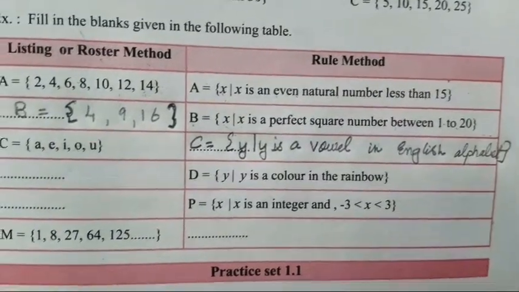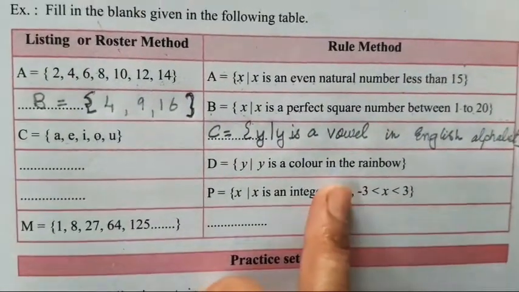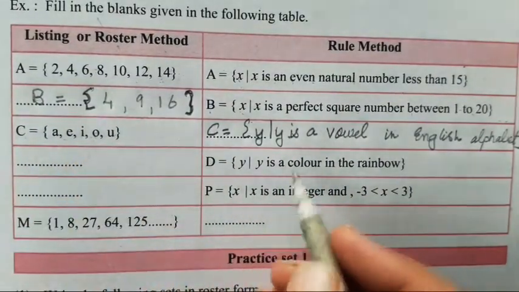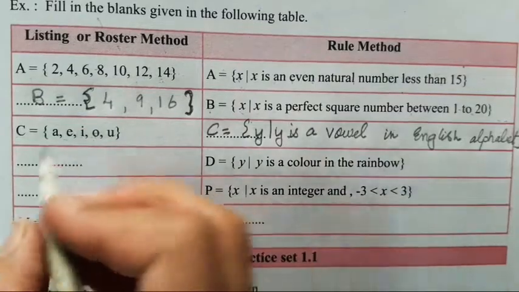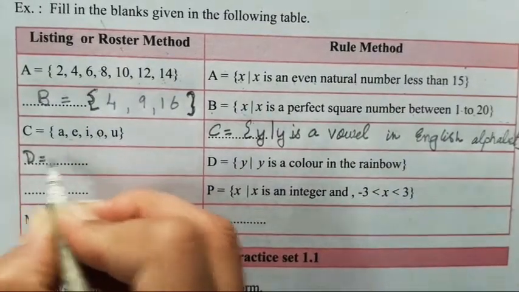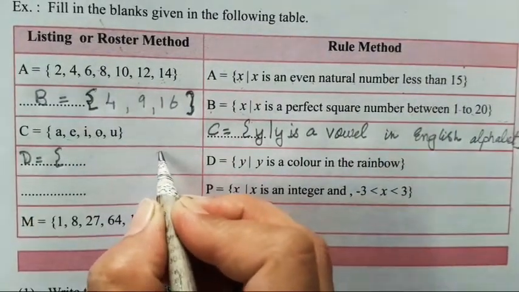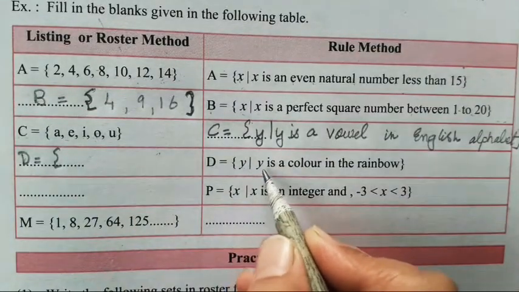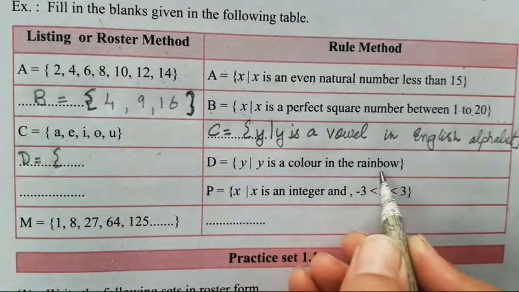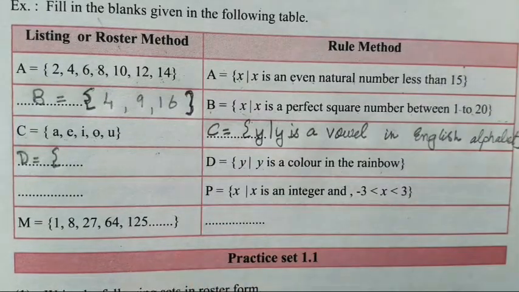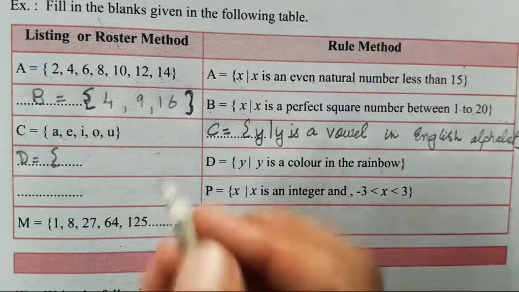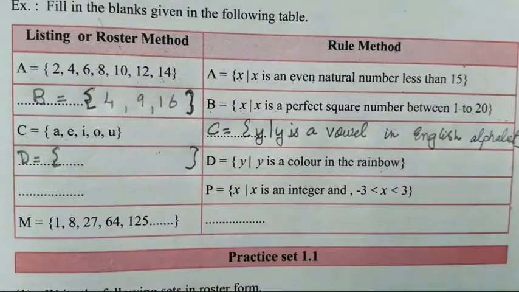Okay, is it clear? Now, over here the rule method has been given. We have to write the listing method. Listing method is easy when the rule method has been given. First we will write D. Then we can write the elements. Okay, so Y, vertical line, Y is a color in the rainbow. All the colors that are included in the rainbow, you have to write in this set.